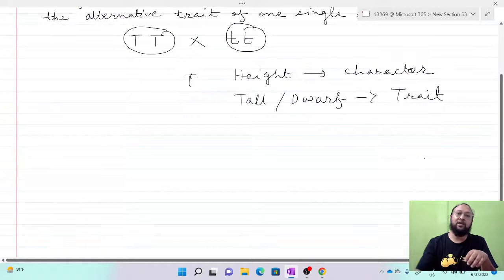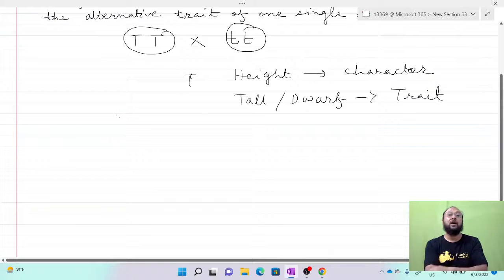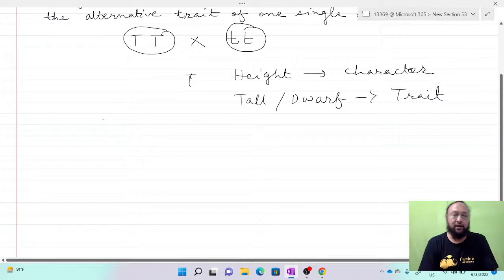Similarly, in a dihybrid cross, we take two characters and alternative forms or traits of those characters.